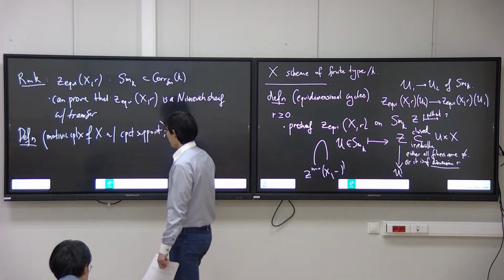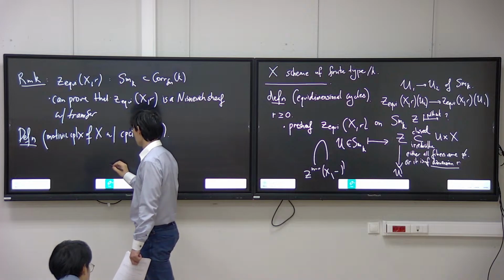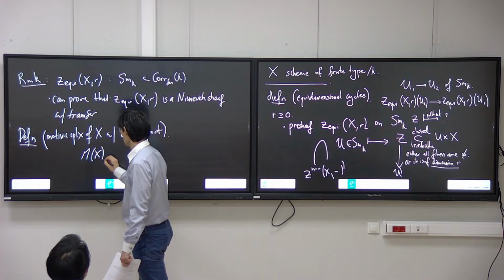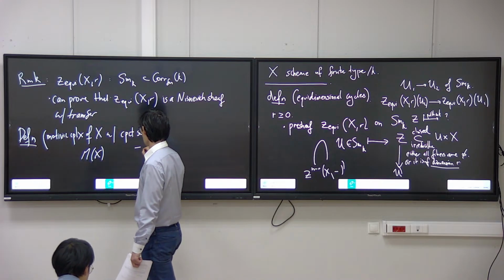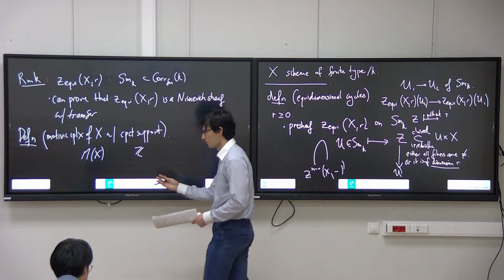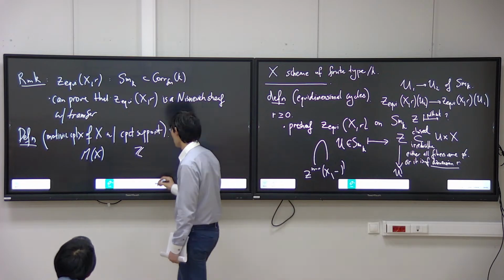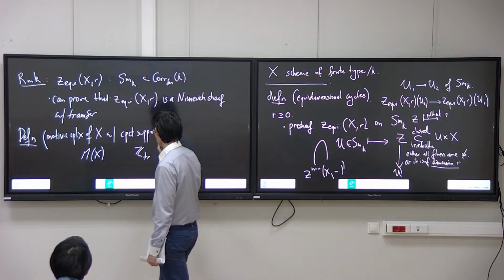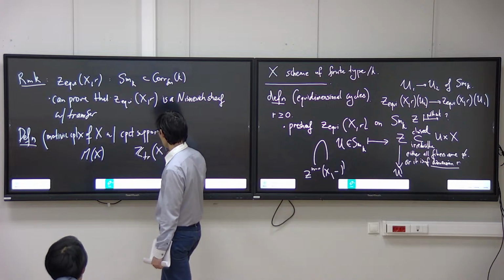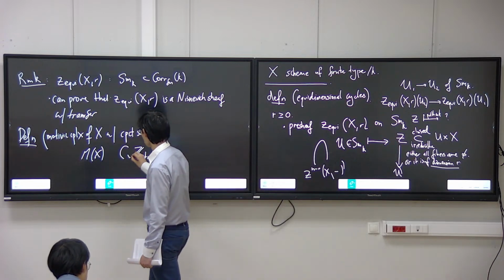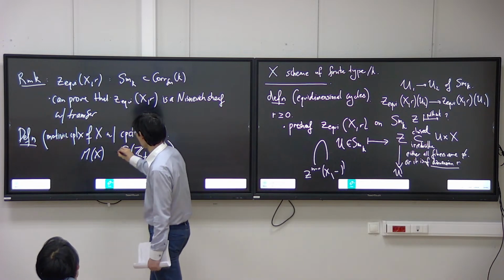So recall the standard motivic complex of X. You can define it several ways, but in particular, you can now define it using the embedding theorem. I can take my free sheaf generated by X, which is the Z tr transfer sheaf, and apply the Suslin complex to it, okay? That's one definition.